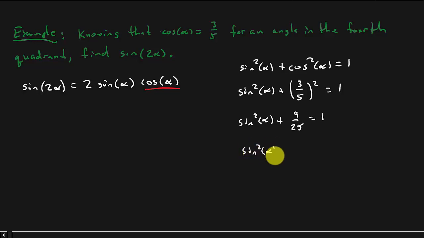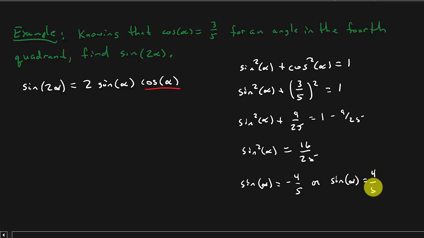So sine squared alpha is, now remember I would subtract 9 over 25, so that's going to be 16 over 25. And so I get sine alpha is negative 4/5, or sine alpha is positive 4/5. And we know that's not the solution. It's this one. So how do we know that? Well, because our angle is in the fourth quadrant, and we know sine is negative in the fourth quadrant.